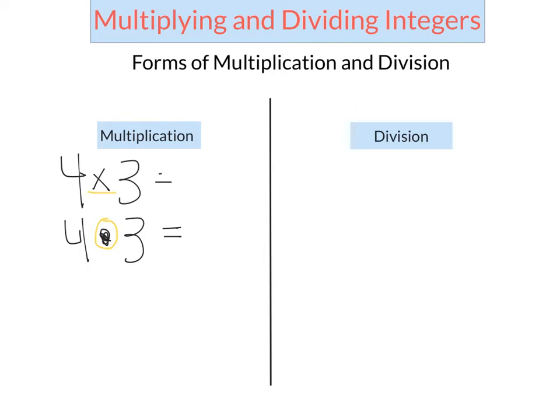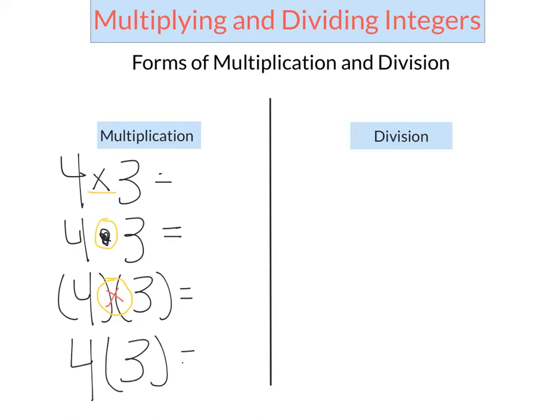Another example is 4 times 3 with the numbers in parentheses and no sign in between. If you want practice, you can write the multiplication sign in between. Another way to write this would be 4 with only our 3 in parentheses. Again, you can write the multiplication sign in so you remember.